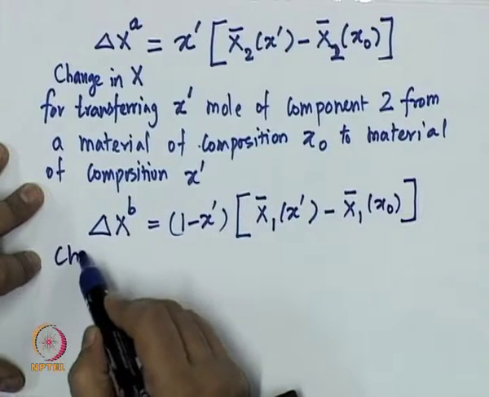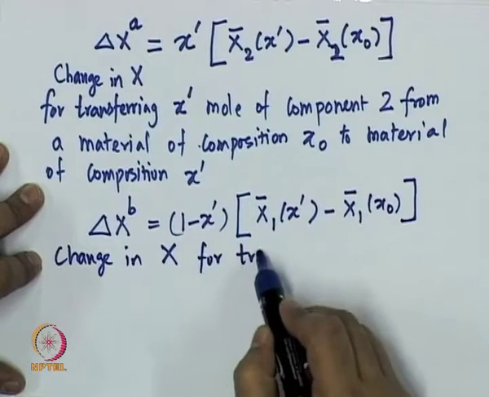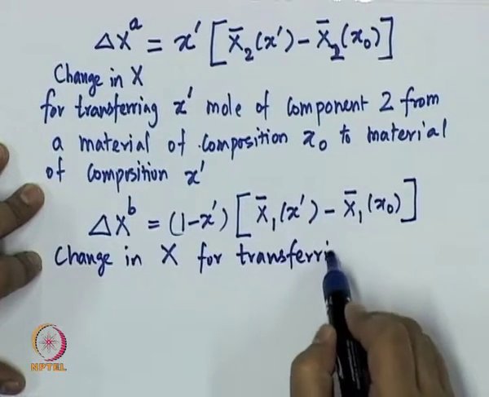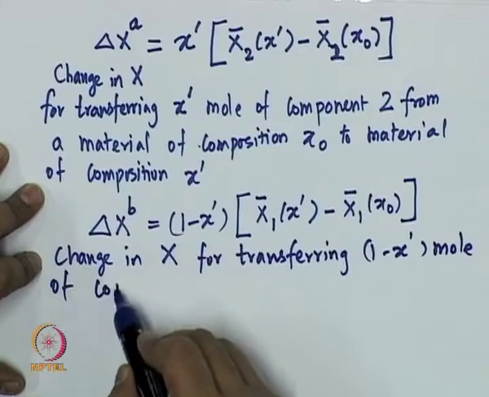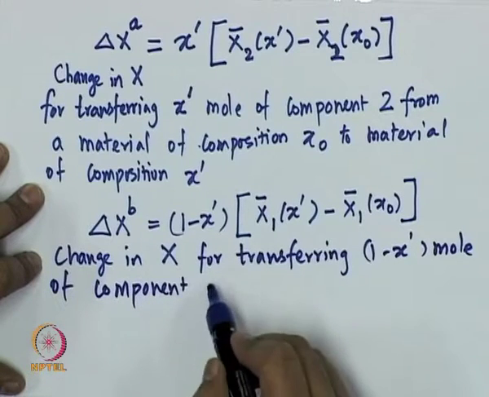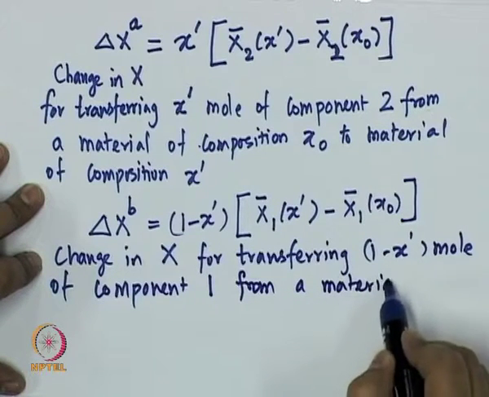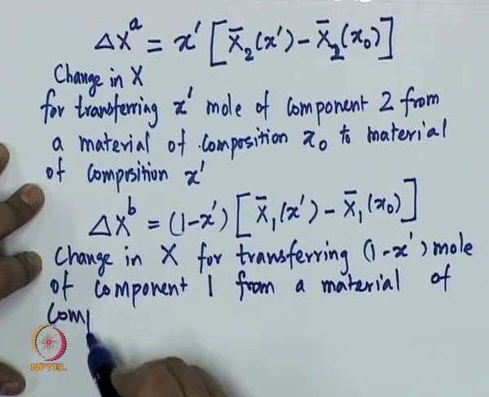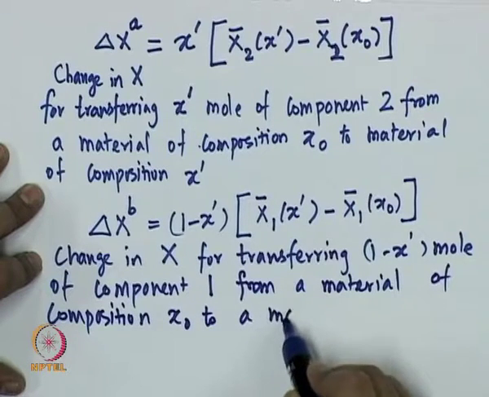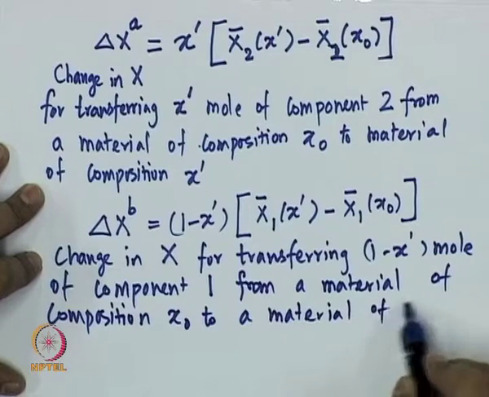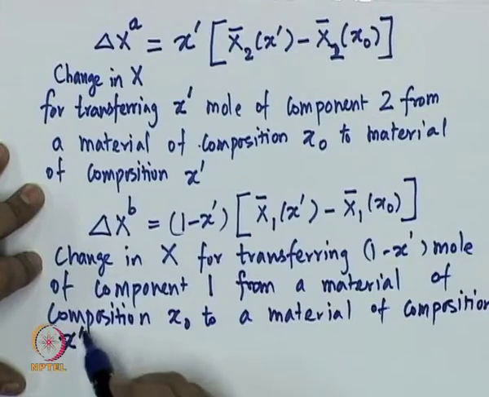This will be the change in the property for transferring 1 minus x prime mole of component 1 from a material of composition x naught to a material of composition x prime.